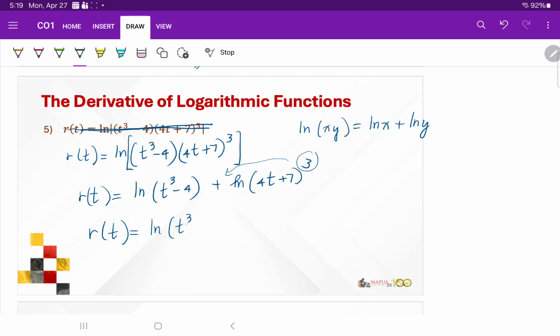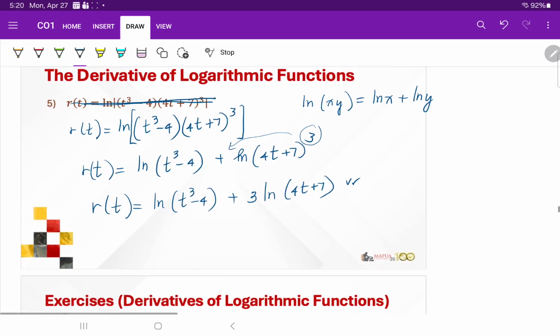So, ln of t cubed minus 4 plus 3 times ln of 4t plus 7. So, this is now our function. So, we're able to simplify it first before we differentiate for us to make differentiation easier. So, now, what is our r prime of t?